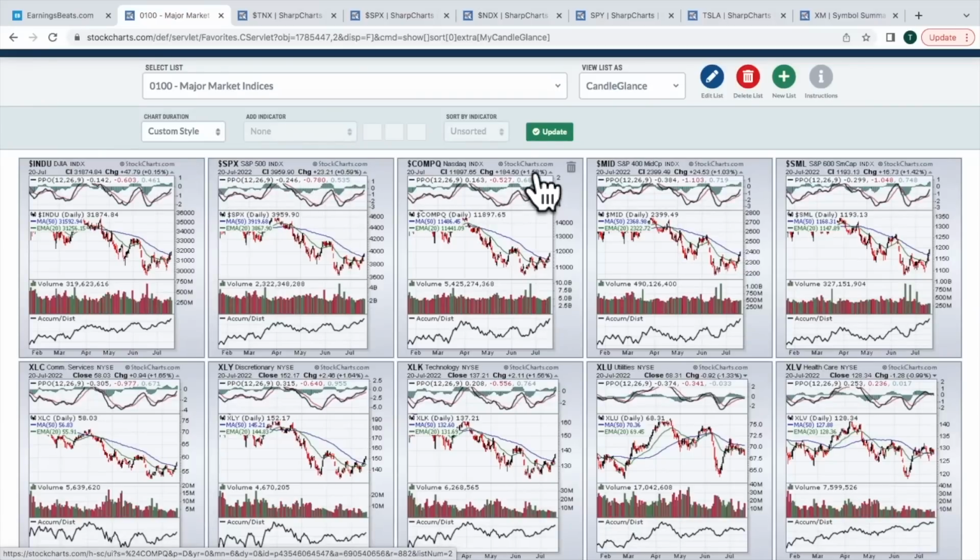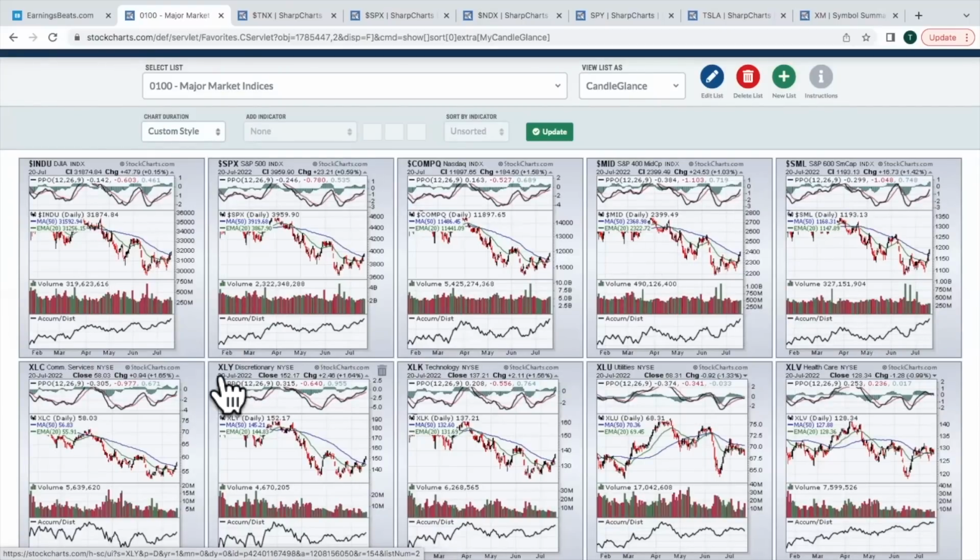That was almost 1.6%, a full percentage point better than the S&P 500. Mid caps were up over 1%, 24.5 points, and the small caps up 1.4%, almost 17 points. So small caps gained almost as much as the NASDAQ. It's nice to see the more aggressive areas continuing to get money in this rally on a relative basis. I think that's very bullish.